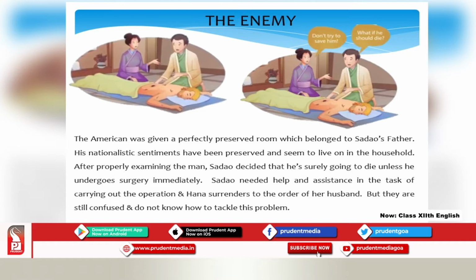His nationalistic sentiments have been preserved and seem to live on in the household. After properly examining the man, Sadao decided that he is surely going to die unless he undergoes surgery immediately. Sadao needed help and assistance in carrying out the operation, and Hannah surrenders to the order of her husband. But they are still confused and do not know how to tackle this problem.